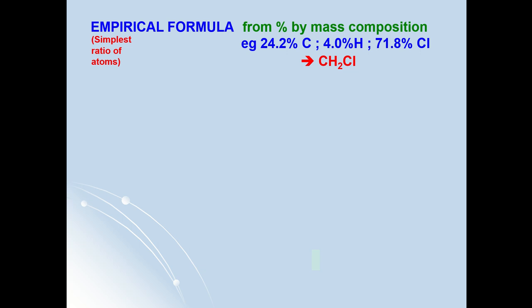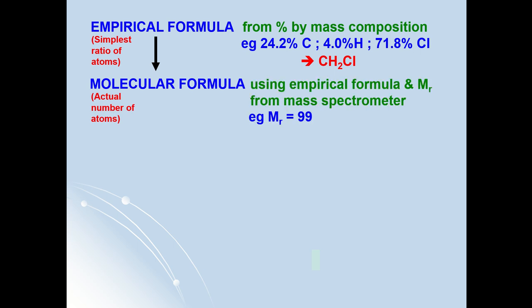to 1 chlorine. We can convert that then into a molecular formula, and a molecular formula is the actual number of atoms within a molecule. And the way that we can convert that from empirical to molecular is that we must know the RFM. So if we look at this here, we can see that the RFM is actually half of the 99.